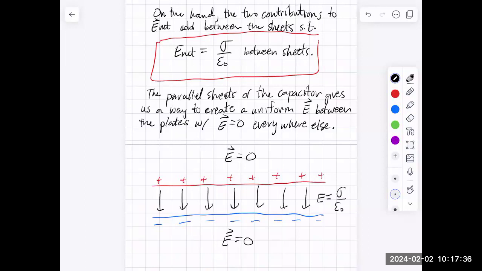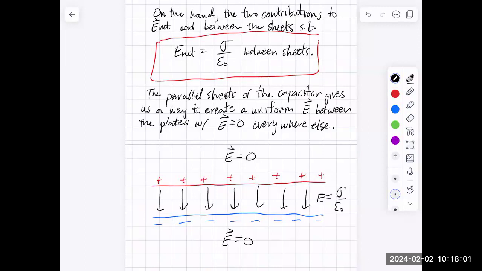Just above the positive plane, could the electric field be a little bit stronger outwards, or vice versa beneath the negative? No. So for ideal infinite sheets, the electric field will be exactly 0 just above and just below the sheets. So there's an exact cancellation.